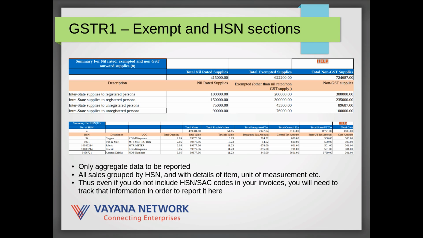So this information does not need to be tracked per invoice, but it just seems quite straightforward to imagine that if HSN and SAC codes are captured at an invoice level, then this section would be relatively easier to fill out, else it could be quite problematic and hard to fill this section out.